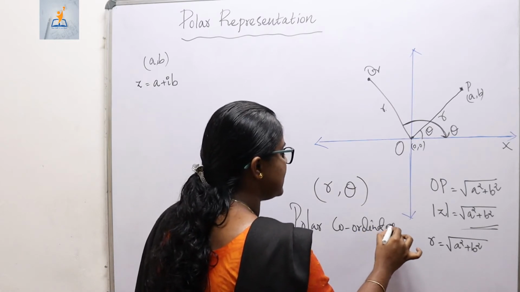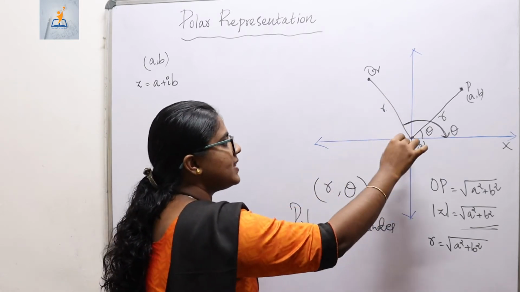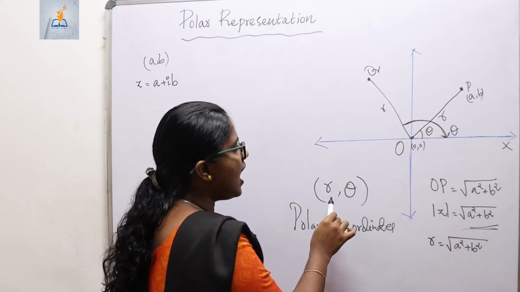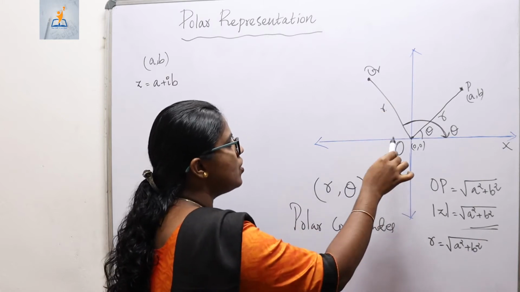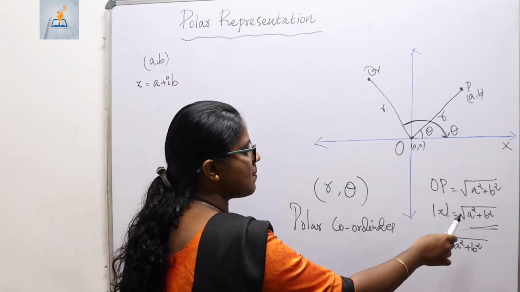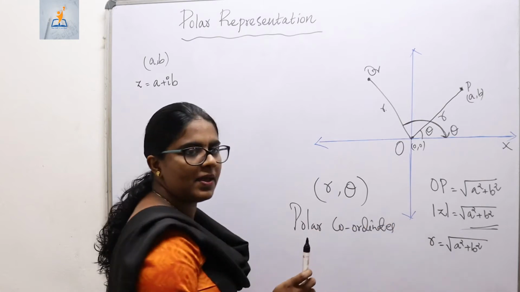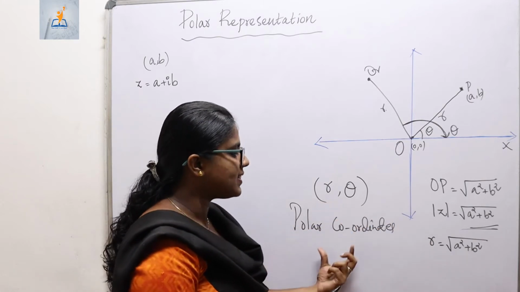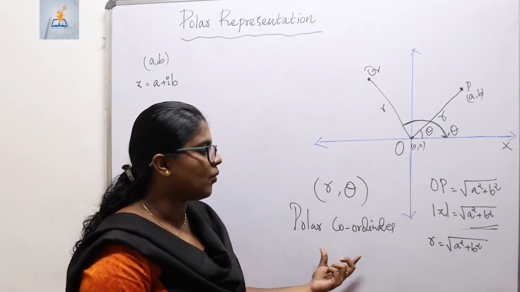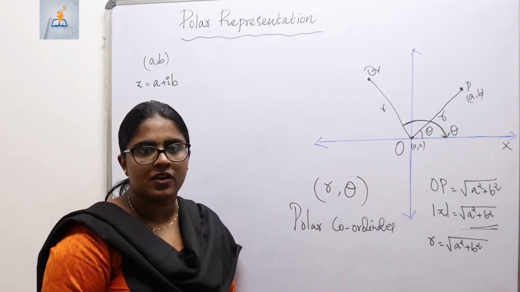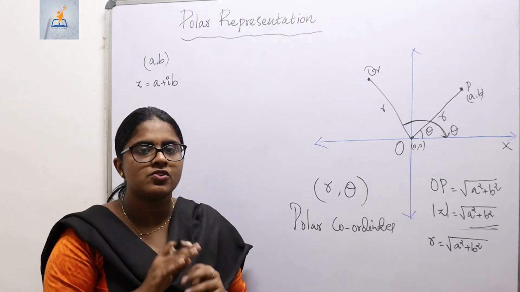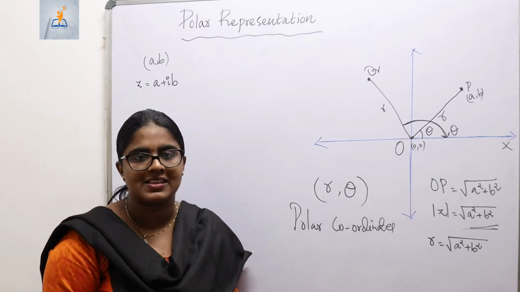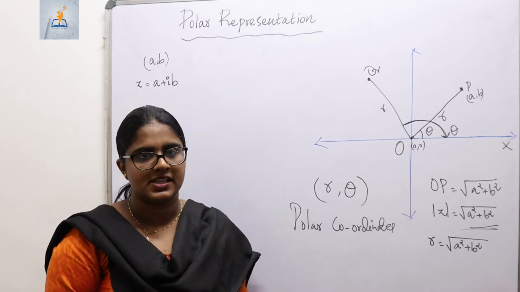Remember that theta is the angle made by the line segment with the positive direction of x-axis, and r is the distance OQ. If z is equal to a plus ib, then r will be square root of a square plus b square. So r comma theta forms the polar coordinates of this particular complex number. So corresponding to every complex number, there are polar coordinates like this, that is r comma theta.